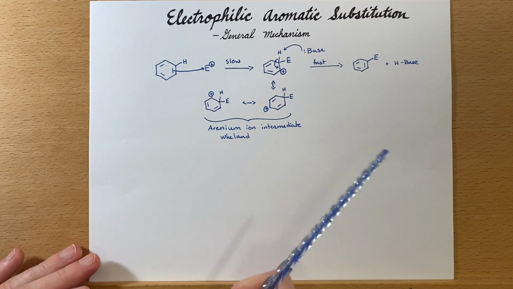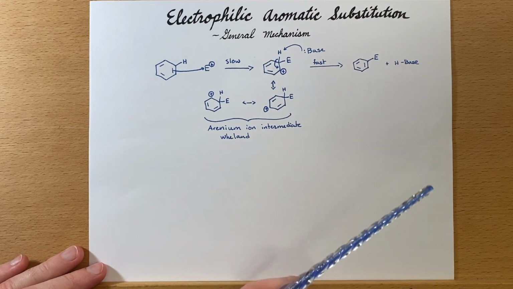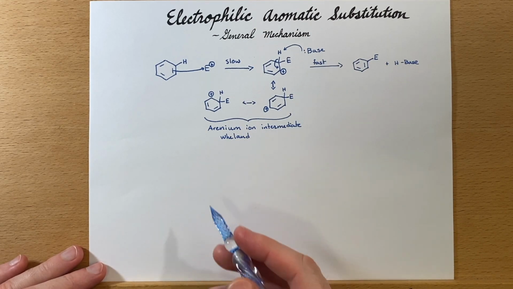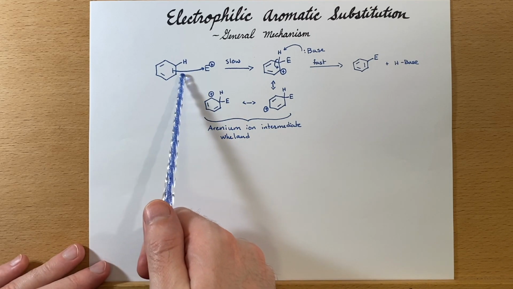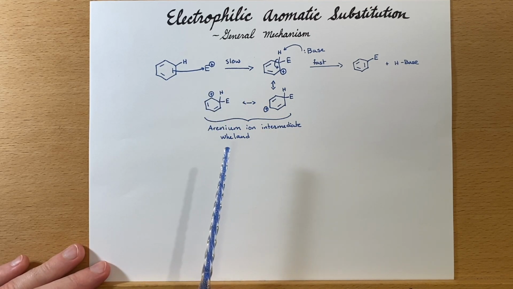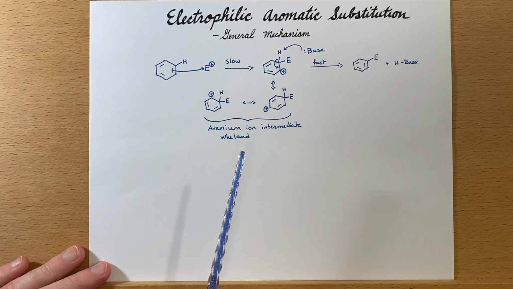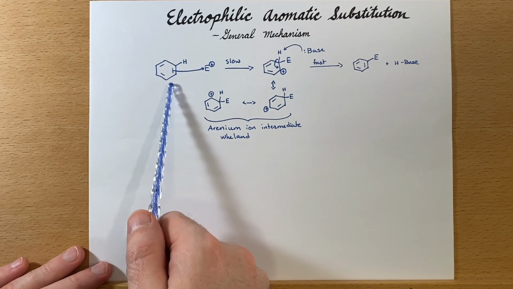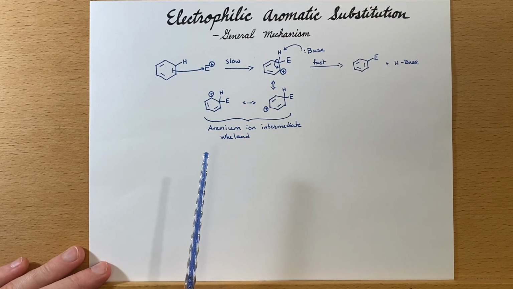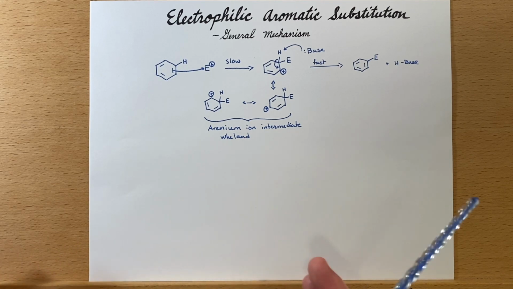Now, we look at this electrophilic aromatic substitution, and again, this first step is slow. That means that this is the rate determining step. So the concentration of our aromatic ring and the concentration of the electrophile will be important in the rate of the reaction.